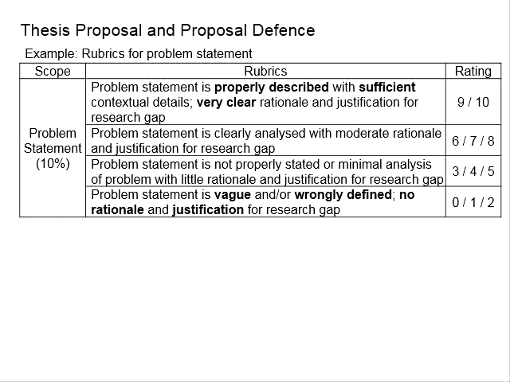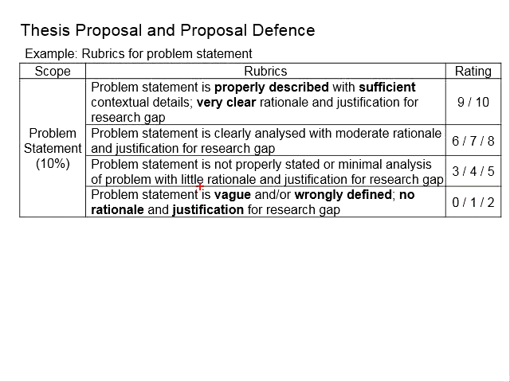Or you interpret the problems wrongly, so you are unable to identify the root cause. And you do not provide any rationales or justifications for the research gap. The relevant ratings are given here.